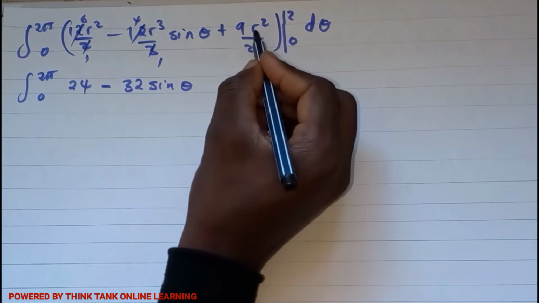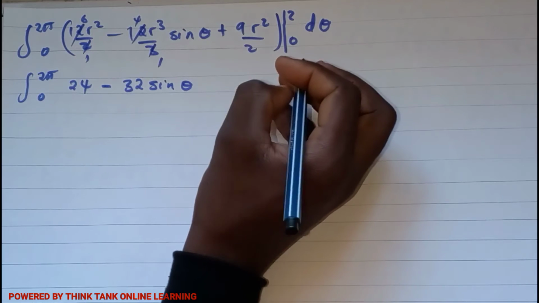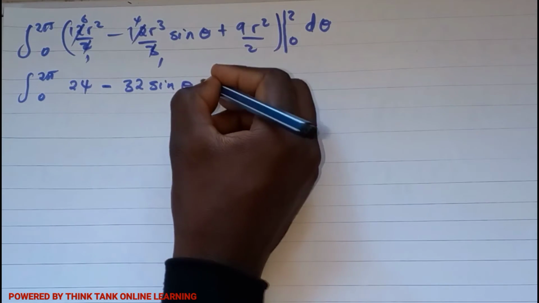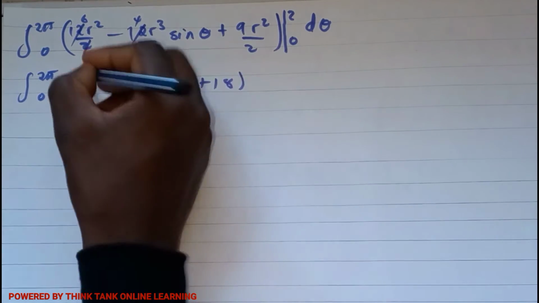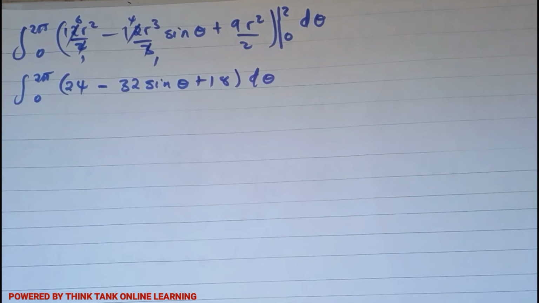Here 2 times 2 is 4, divided by 2, that is 2, plus 9, so 2 times 9, that is plus 18 d theta. Now if we say 24 plus 18, we're going to get 42.